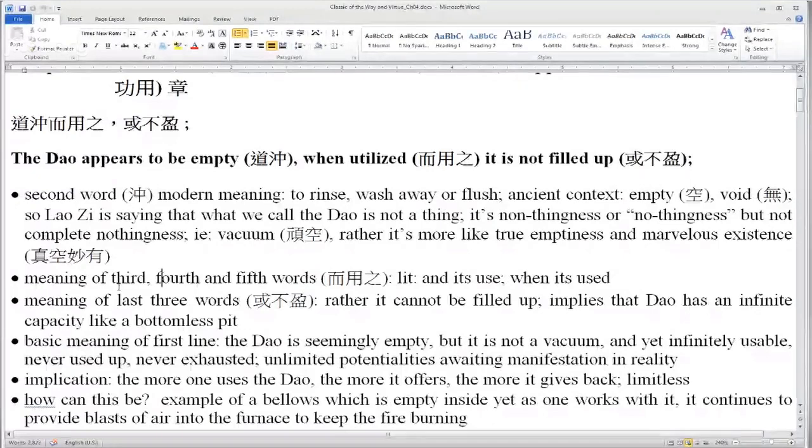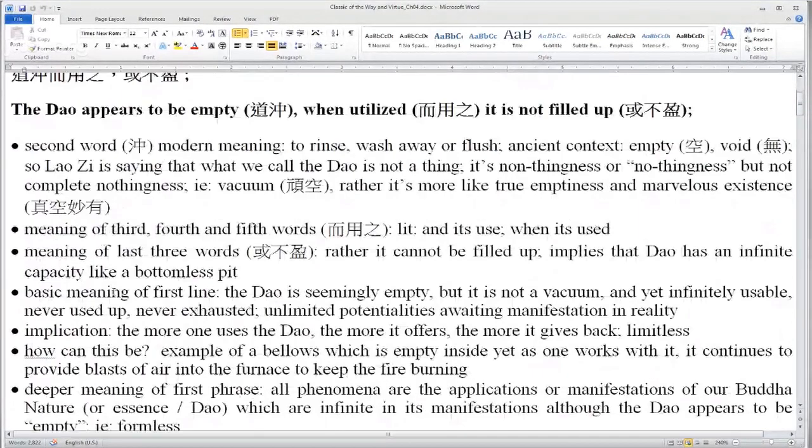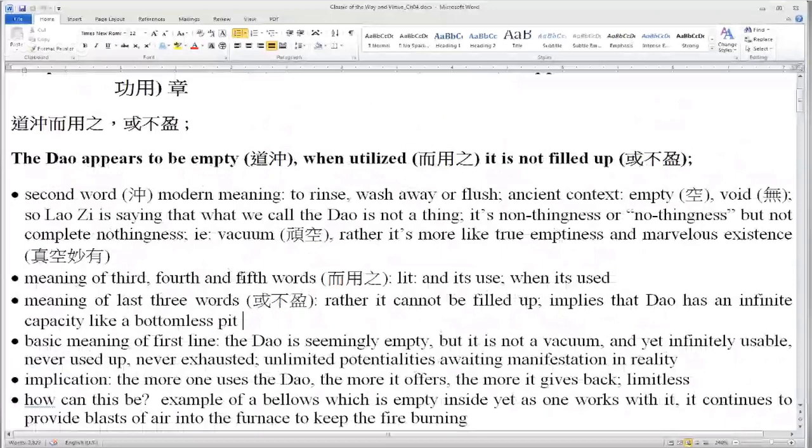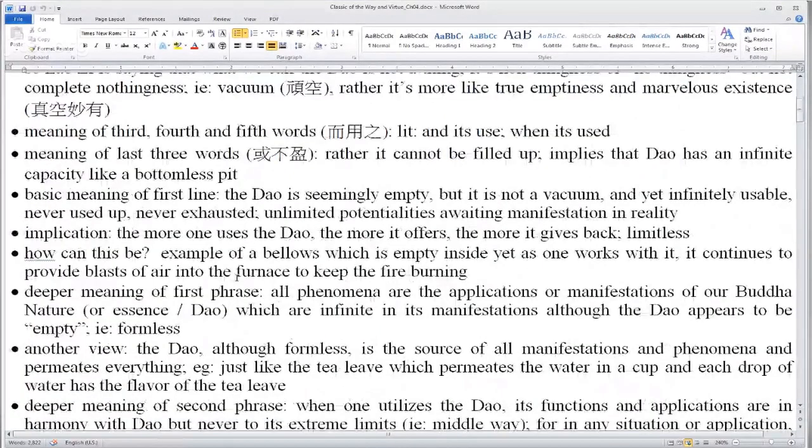There are functions, and it's never going to be used up. There are infinite applications or functions that can come from it. All right, that's good enough.